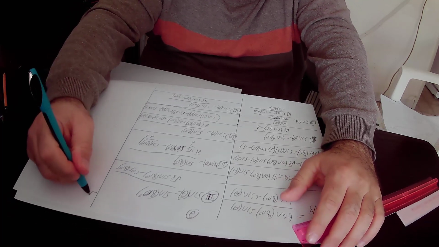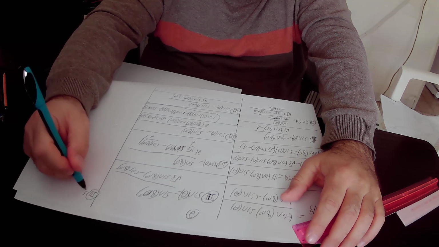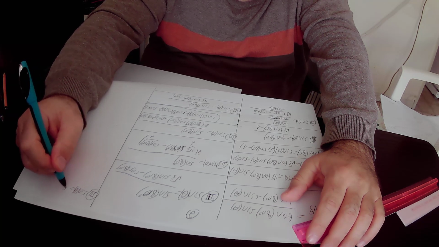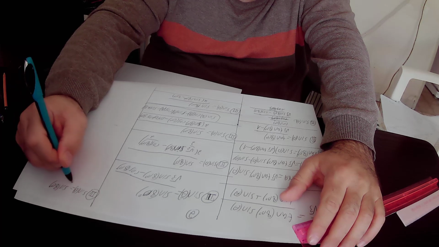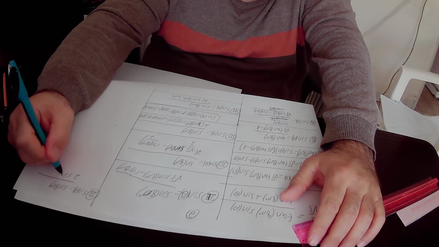So I will write it down. According to equation number 3, we got that sine theta equals sine 80 degrees over 2 times sine 50 degrees.